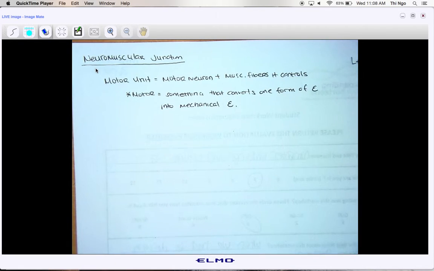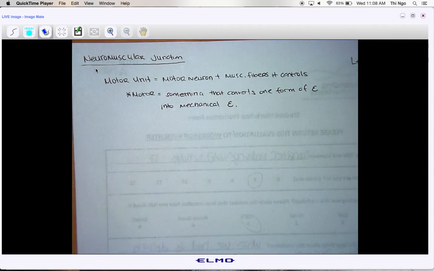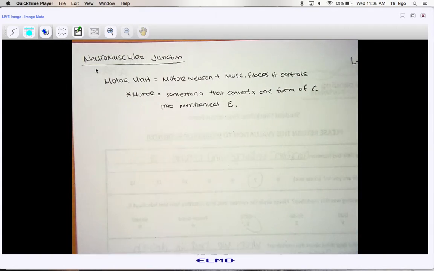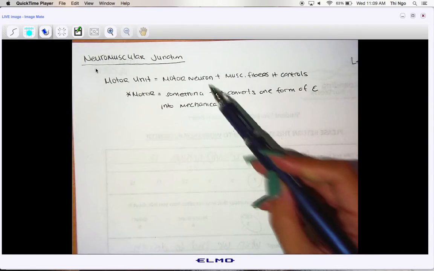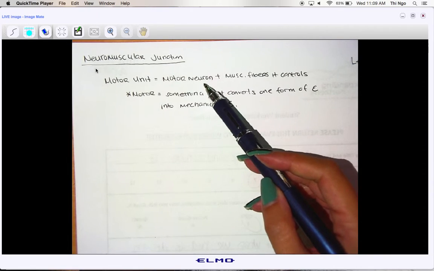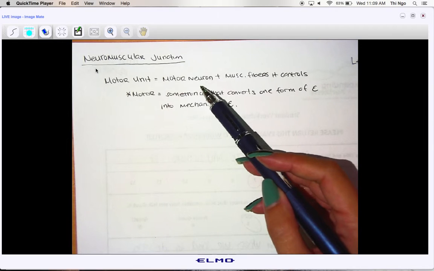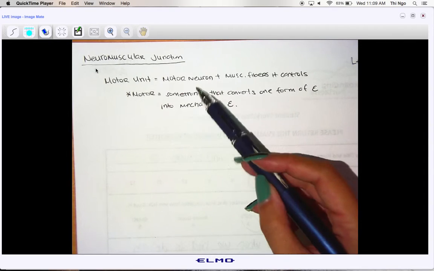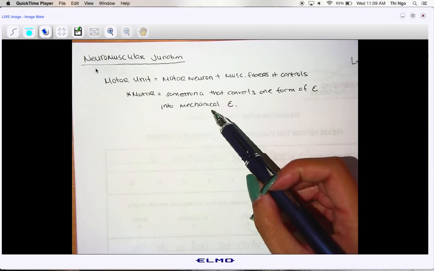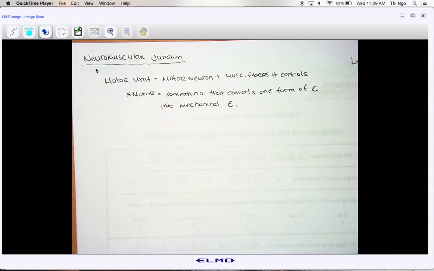For example, you have a motor in your car. It converts what into mechanical energy? Gas. Converts the gas, allows your car to move. In your body, the neuron is actually going to convert electric signals into chemical signals into mechanical energy.